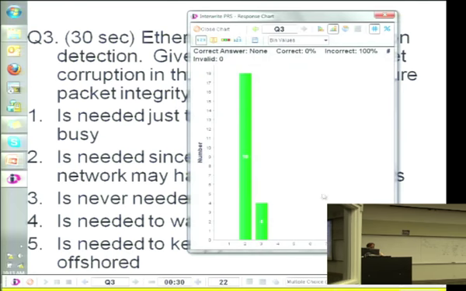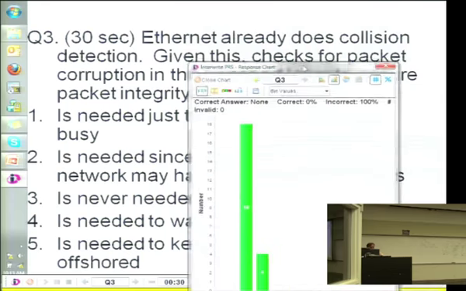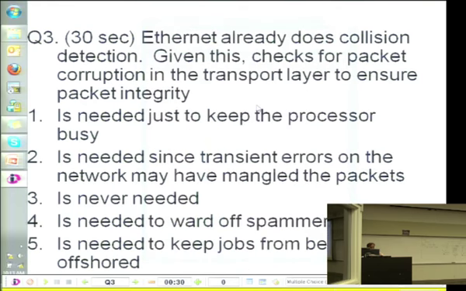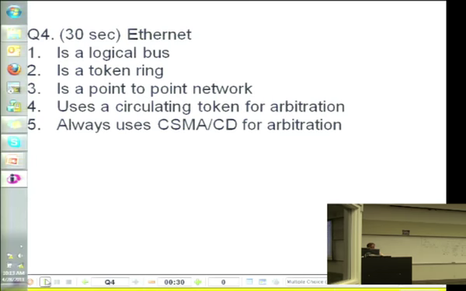All right. So most of you have the right answer, so excellent. This is just a warm up. Wait till you get towards the end of these questions.